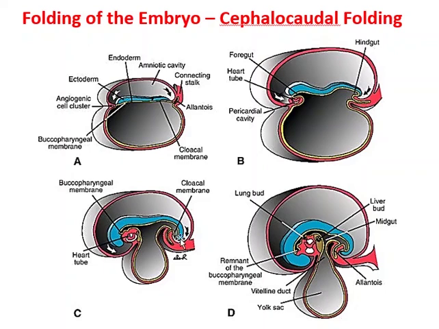As a result of the head fold and tail fold, the heart comes to lie ventrally, also the oropharyngeal membrane, cloaca and allantois are incorporated into the ventral part of the body, with formation of the foregut and hindgut. The remaining part becomes the midgut.